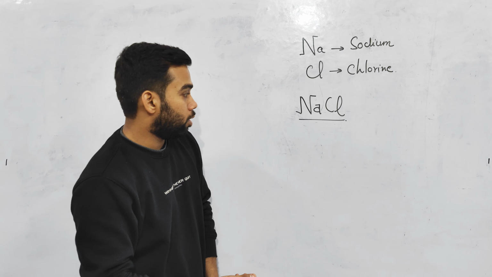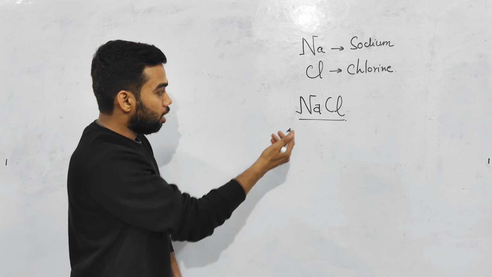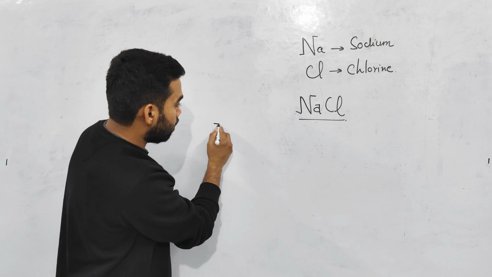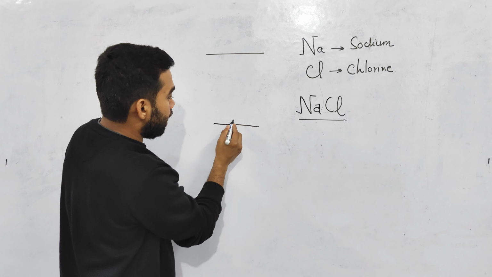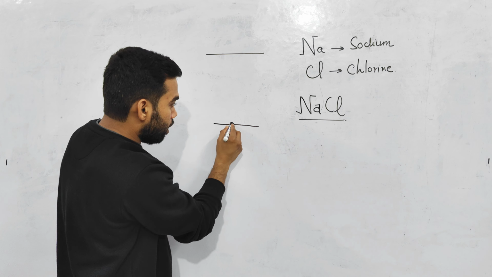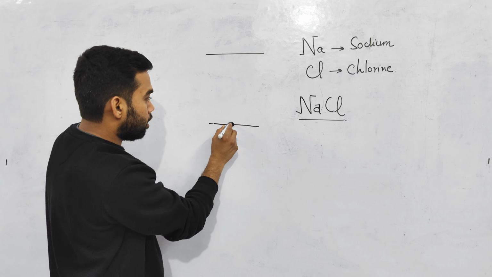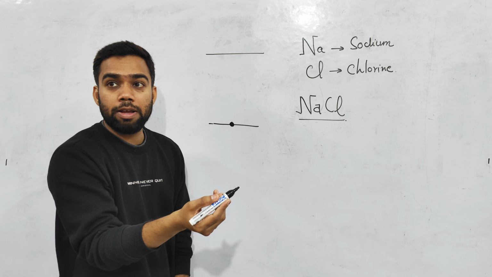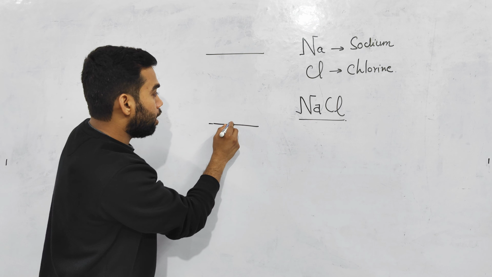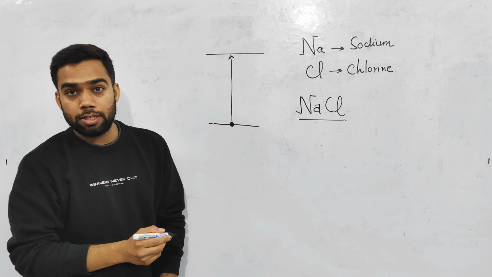Fine. So in the sodium chloride crystal, the sodium atoms have the electron in the ground state. These electrons gain energy from the flame and are excited to one of the higher energy states.